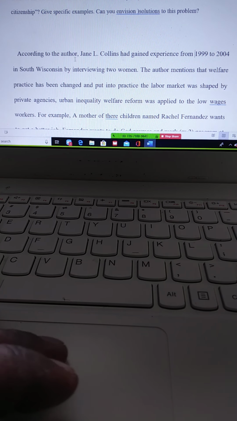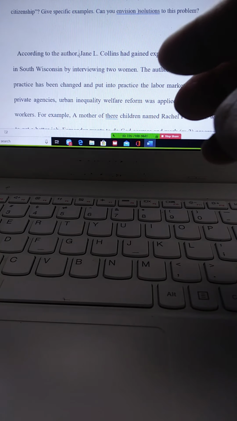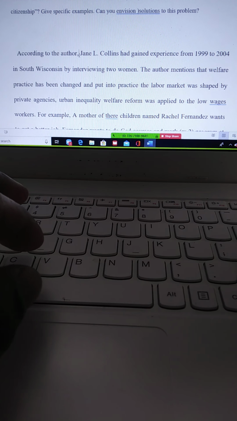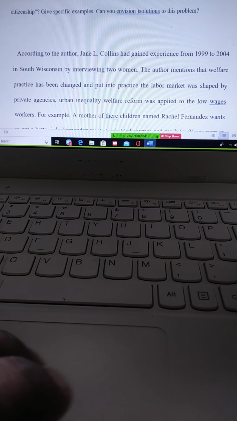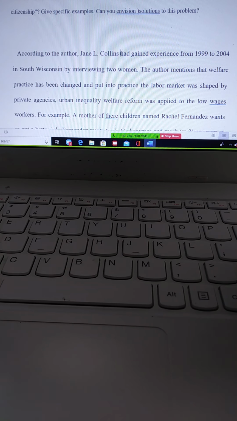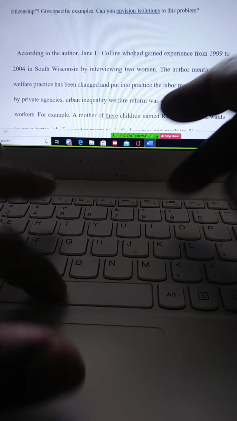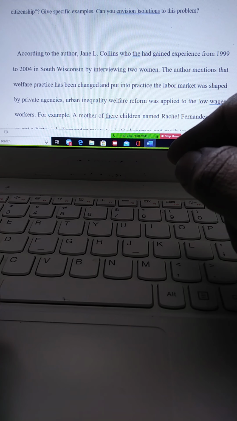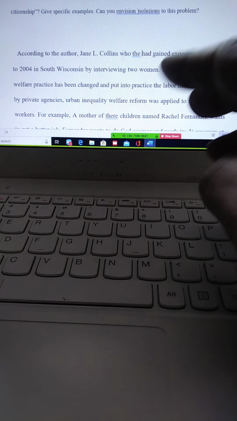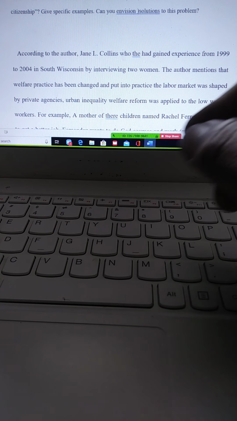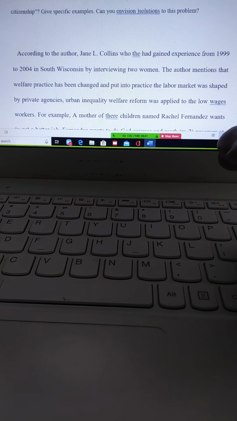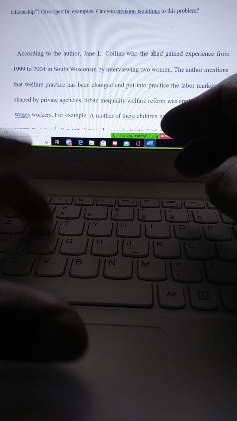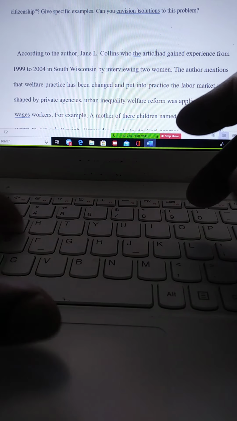So according to the author, Jane L. Collins, who wrote, maybe you can just say, is it an article or a book? Every time she said it is a book, I don't know, it's a book or article. Maybe you could just say, which one is it closer to, you think, a book or an article? Article. Okay, so you can always fix it later.